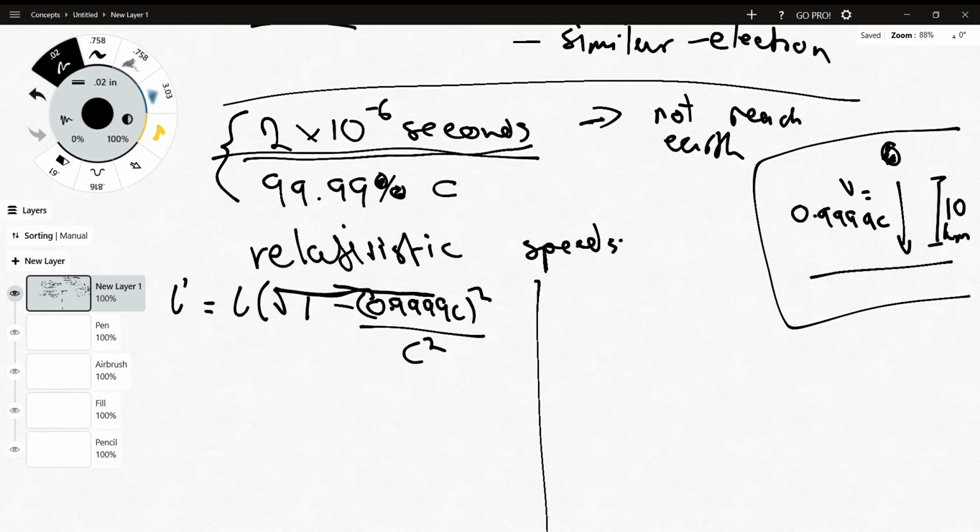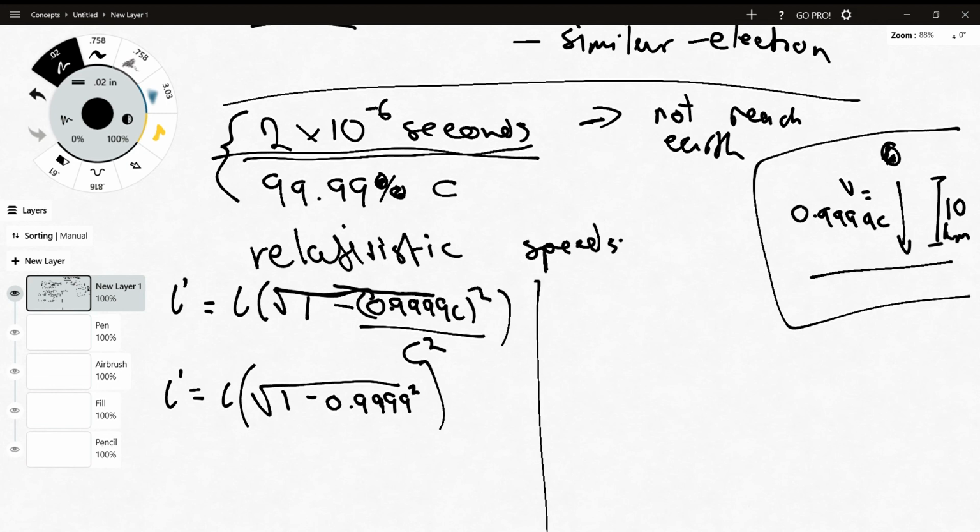And we remember that this expression is in the radical sign: L prime equals L times the square root of 1 minus 0.9999 squared.